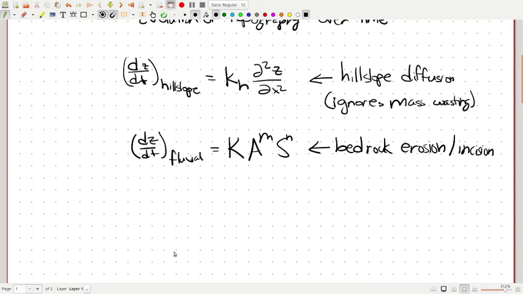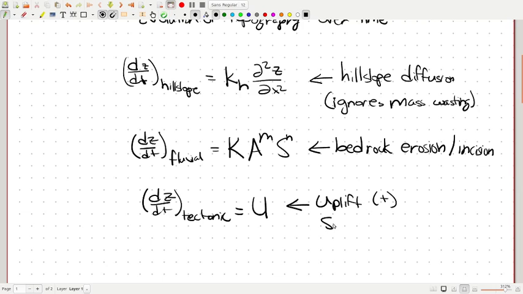And so those are two terms. Now I'm just going to add one more, which is dz over dt tectonic, and that is just going to equal a constant, U. Uplift, hence the U, if it's positive, or subsidence, if it's negative.